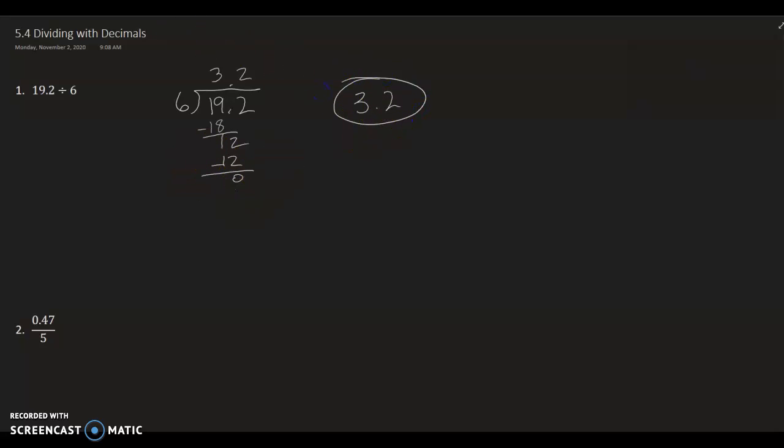Okay? Now remember that multiplying and dividing are inverse operations of each other. So if I'm going to take 3 2/10 and multiply it by 6, I should expect to get this dividend. Okay?